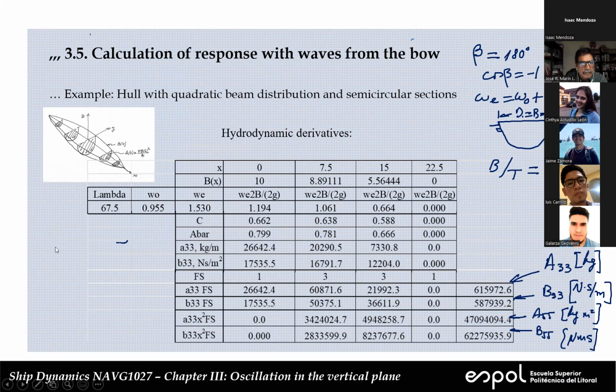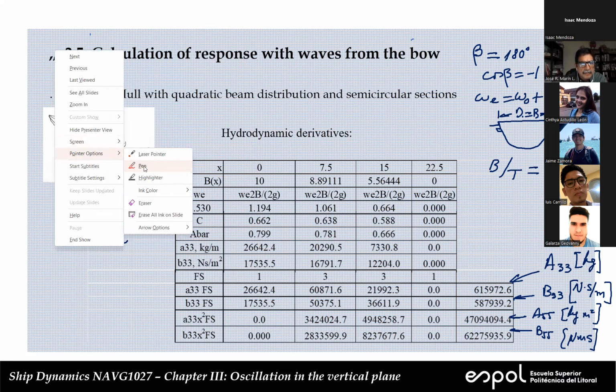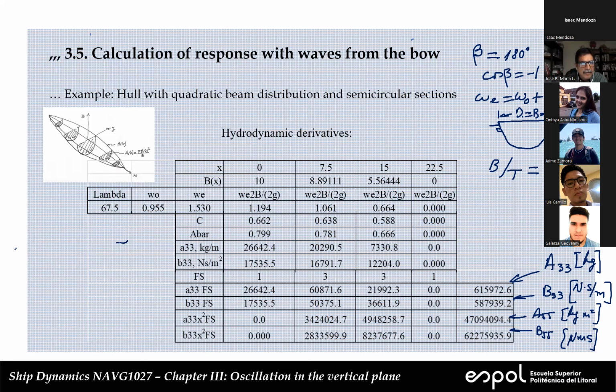Let's see. For example, A35 is equal to the integral of x A33 dx. I don't remember the sign. But A33 at x position is equal to A33 at minus x position.